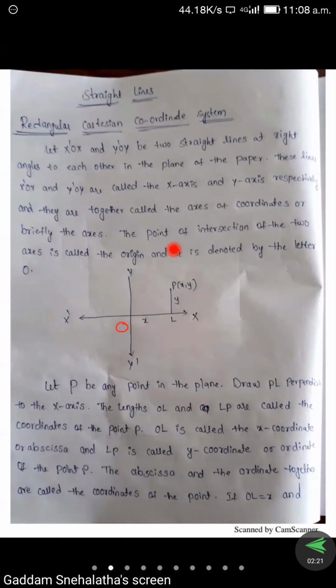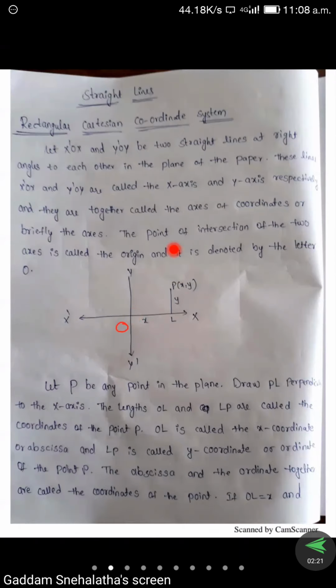So in total, what have we taken? Two straight lines. One is X'OX and another one is Y'OY. The straight line X'OX is called the x-axis and Y'OY is called the y-axis. These two meet, that is intersect, at one point.